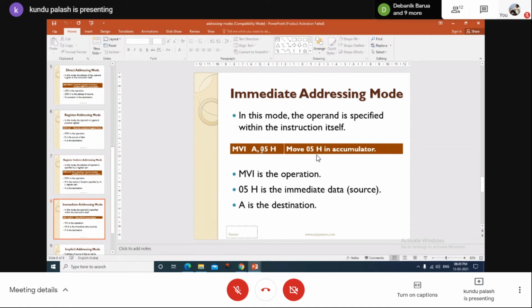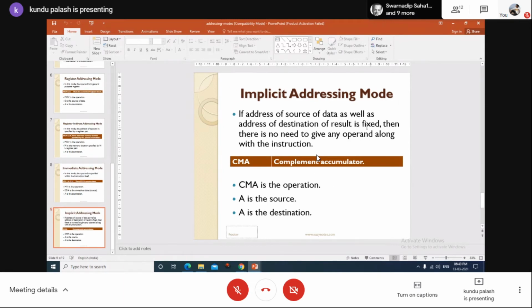Implicit addressing mode. In fact, 8085 has only a few instructions of this type of addressing mode. One of them is complement the content of the accumulator, CMA. The address of the source of the data as well as the address of the destination of the result is fixed. It cannot be altered because it is fixed by the manufacturer. So there is no need to give any operand along with the instruction. No extra operand is required.